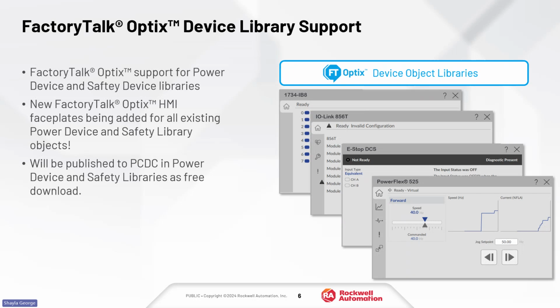This is done by going to the PCDC, which is the Product Compatibility and Download Center online. So you would download the power device and safety libraries from there and then integrate them into FactoryTalk Optics and have the ability to use those faceplates in your HMI application.